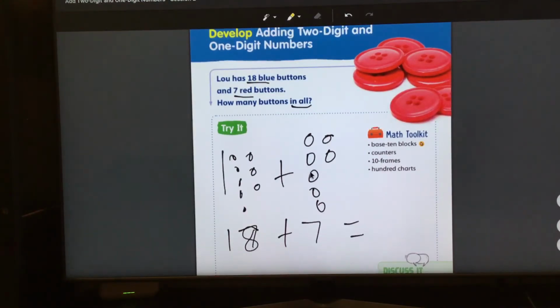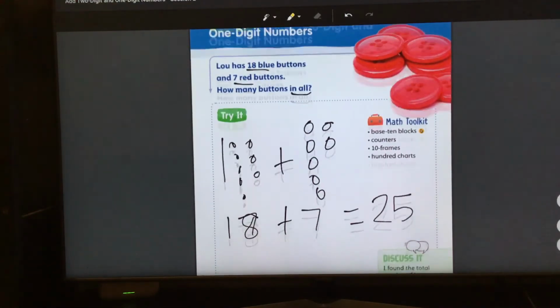I don't have a ten over here, so I'm just going to count the ten first and then count the ones. So 10, 11, 12, 13, 14, 15, 16, 17, 18, 19, 20, 21, 22, 23, 24, 25. 18 plus 7 equals 25.